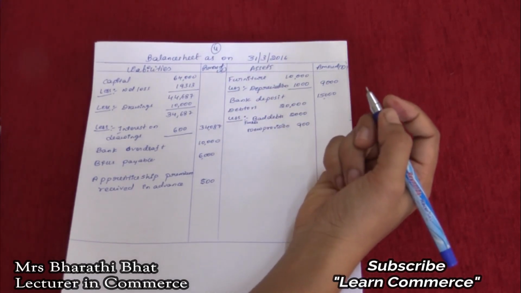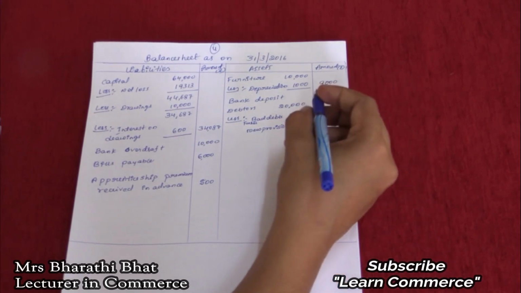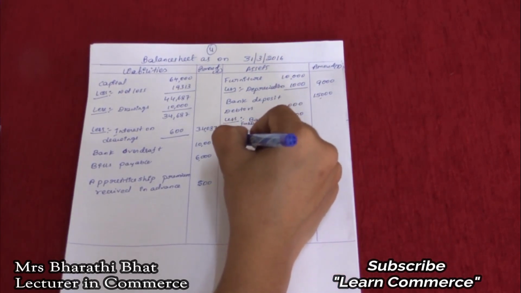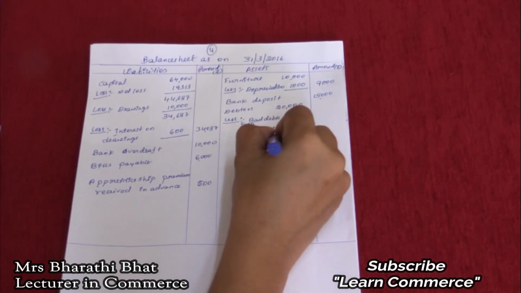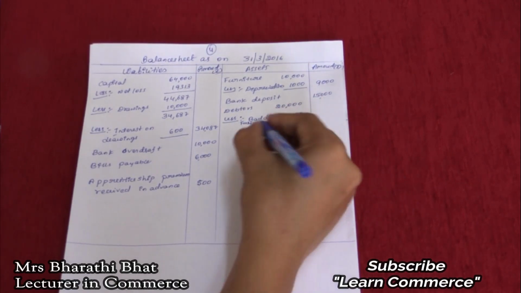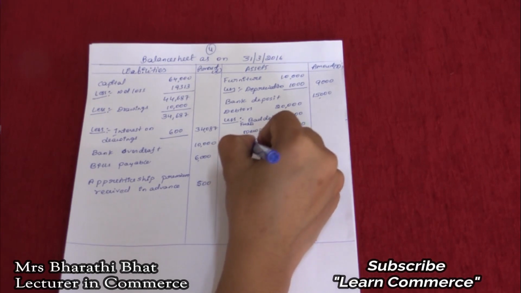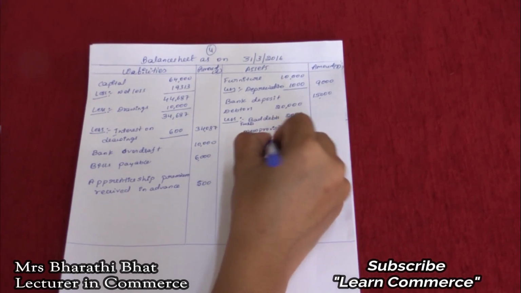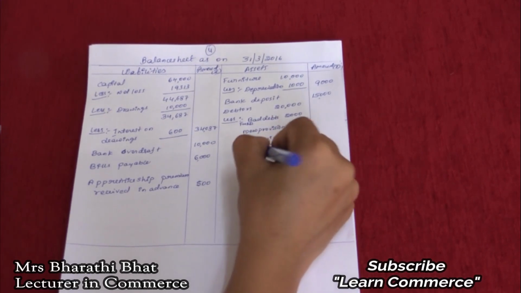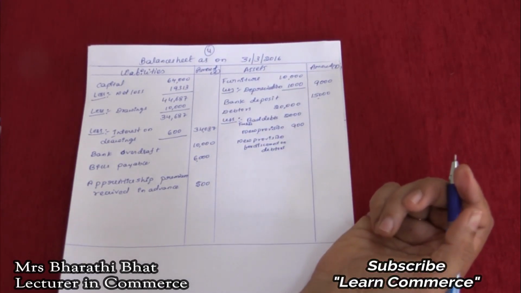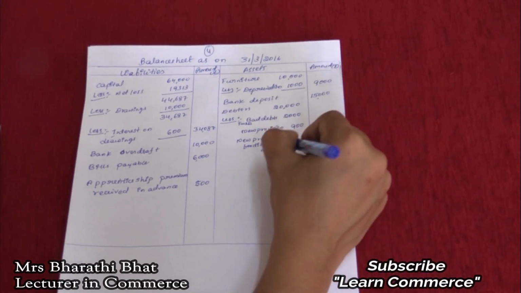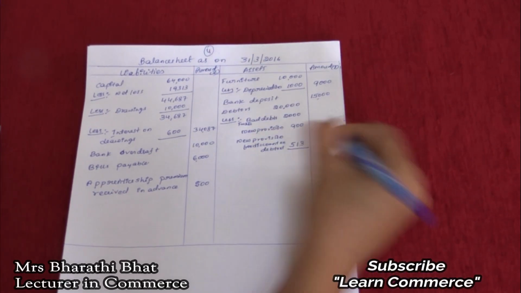First one further bad debt, second one new provision, third one new provision on discount on debtors. You have to deduct all these. New provision on discount on debtors, which is already calculated, 513.